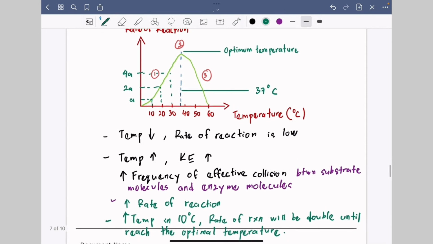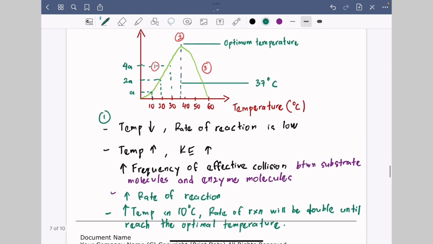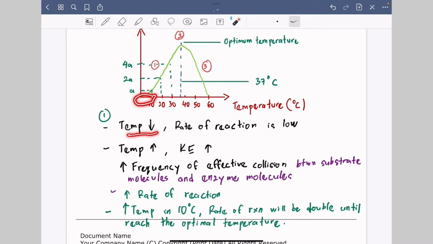So again, point number 1: during 0 to 10, the temperature is low and the rate of reaction is also low because the enzyme is still not functioning or not activated. And then the temperature increases. As the temperature increases along the slope, the kinetic energy also increases, since the energy supplied in heat form is able to be absorbed by the system, and this leads to the increase of the frequency of effective collisions between the substrate and the enzyme molecules.